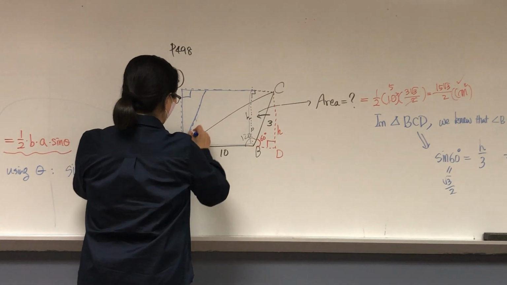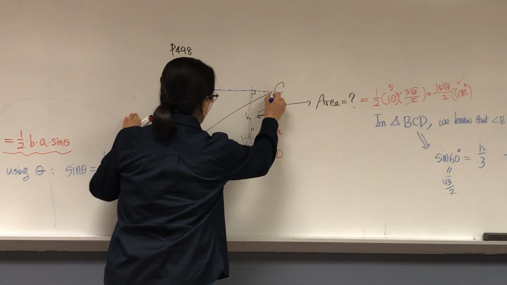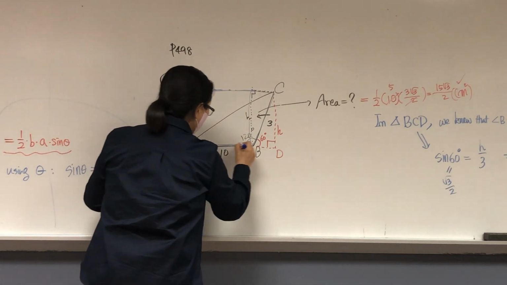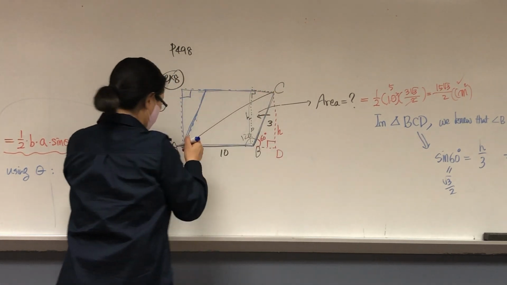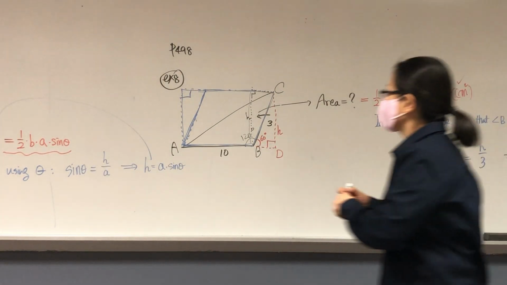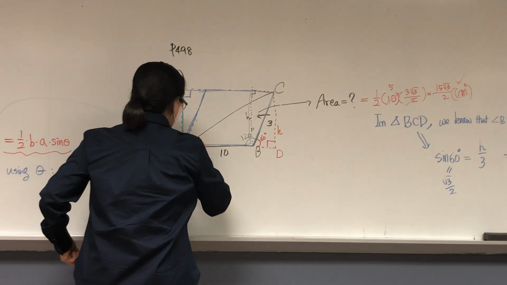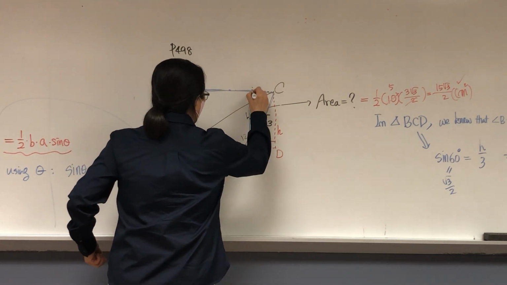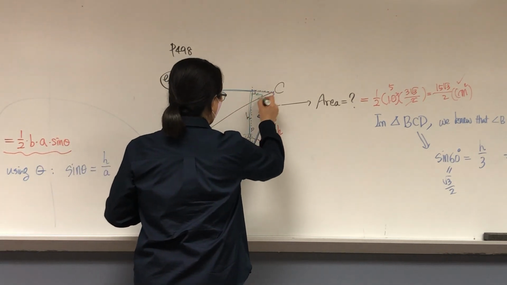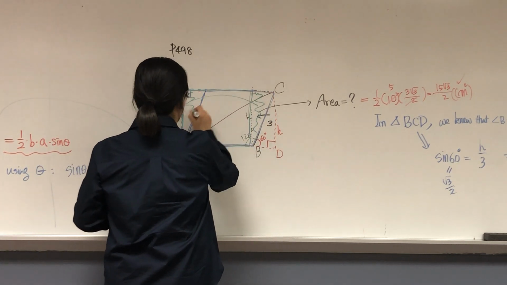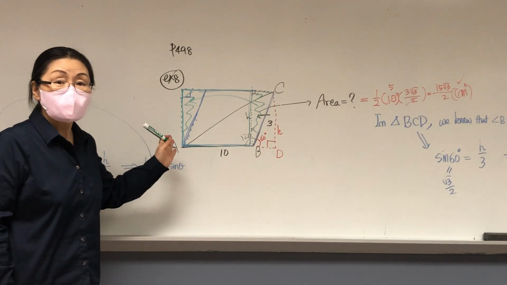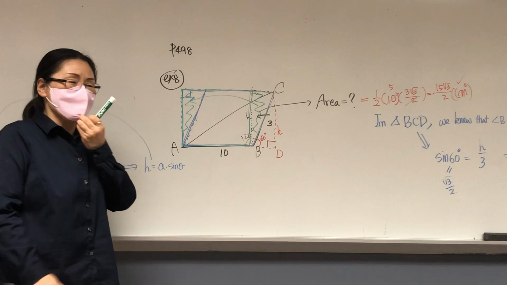This area is equal to this area. Am I right? Yes. Why? Because this area moved to this area. Am I right? You understand? I don't understand. How does it move?